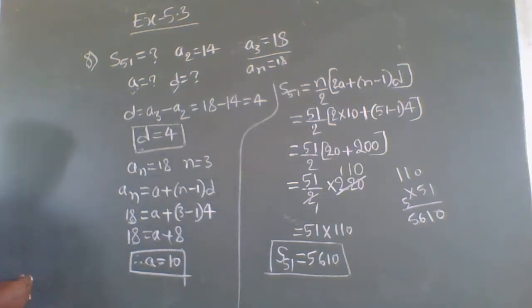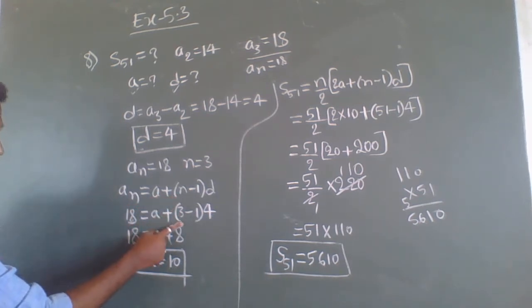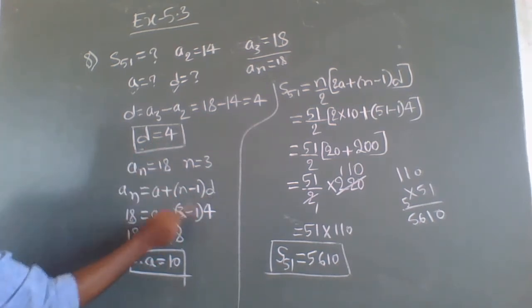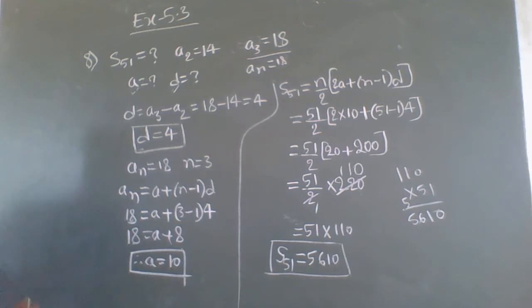So here I will fill all these values into the formula: An is 18, n value is 3 and d value is 4. By using all these values, I got the value of a as 10.